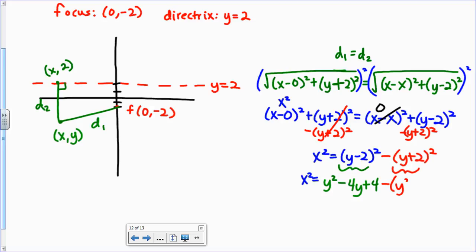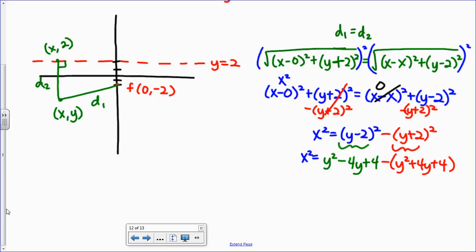Okay, so y squared, 2 times y is 2y times 2 is 4y, and then 2 squared is 4. Okay, go ahead and distribute your negatives so you can combine like terms.